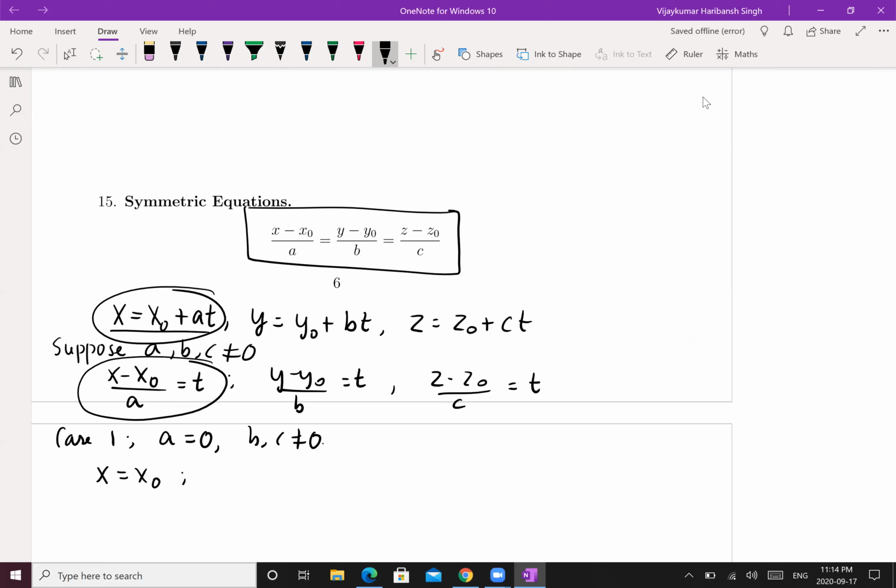We can't eliminate it. We will get y minus y0 by b equals z minus z0 by c. So this basically becomes your symmetric equation. Similarly, it can be worked out when two of them are zero. If all three of them are zero, that is not possible. That will not give you a line, right?